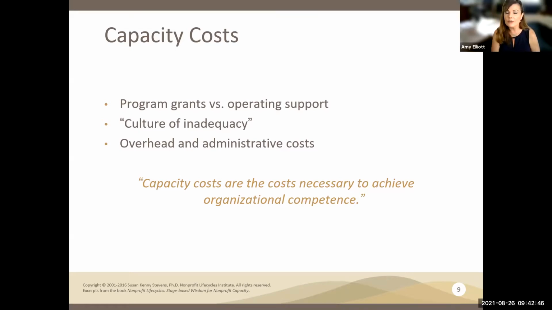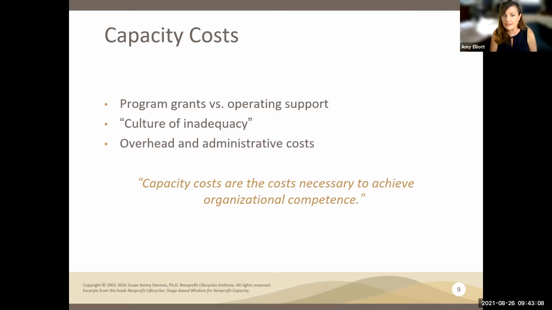And the other thing that we need to address is overhead as a negative word versus administrative costs as a table leg, right? It costs money to have good people, and it costs money to have space and equipment and software.